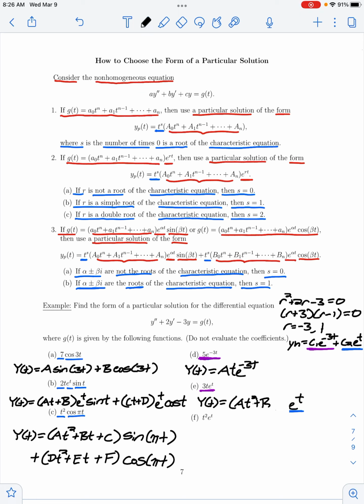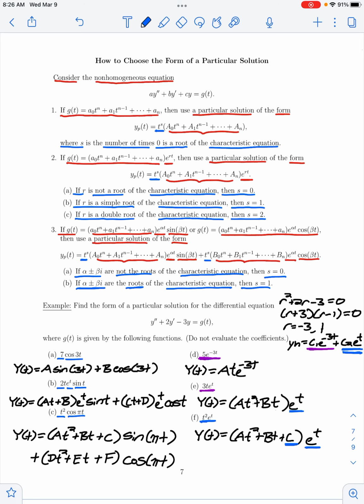And then for our last part, we have a g of t function which is a quadratic, t squared, times e to the t. So we might initially consider a particular solution which would be a quadratic times e to the t power. But again, we see that a constant multiple of e to the t was already part of the homogeneous solution.